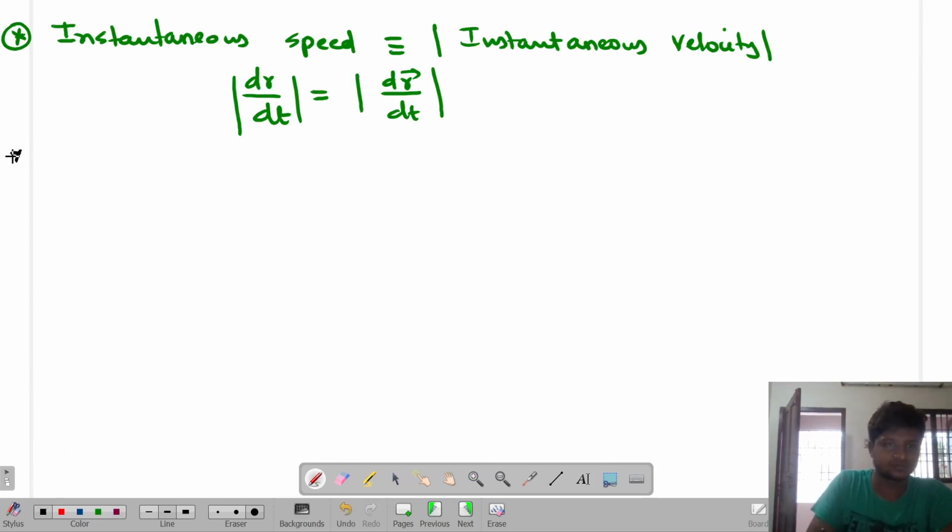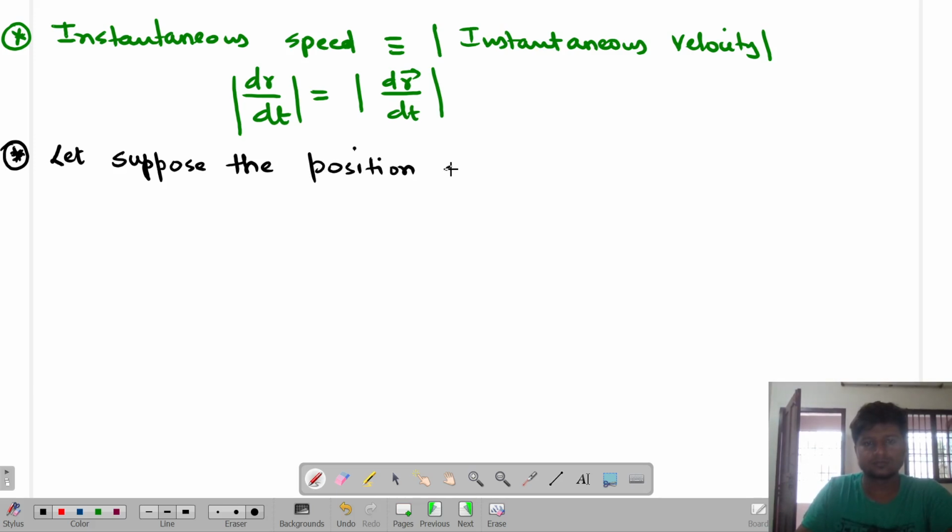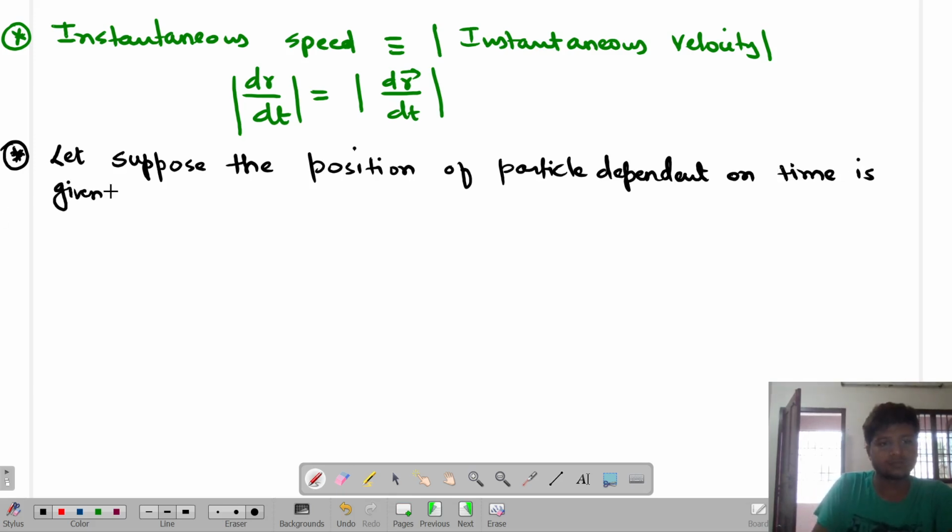So let's suppose the position of the particle dependent on time is given, means x of t is given.